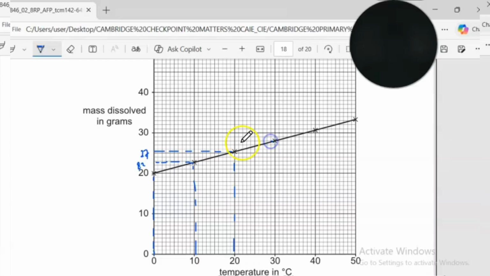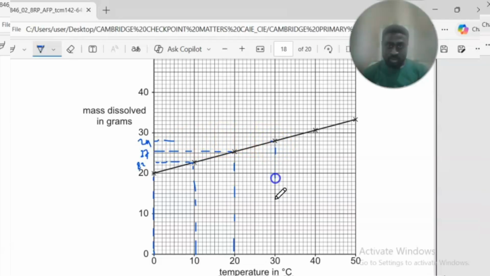Then this point at 29 grams, he recorded 30 degrees centigrade. Then at mass 31, he recorded 40 degrees centigrade.